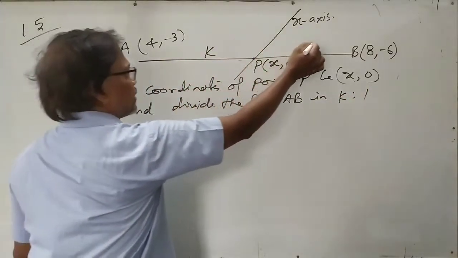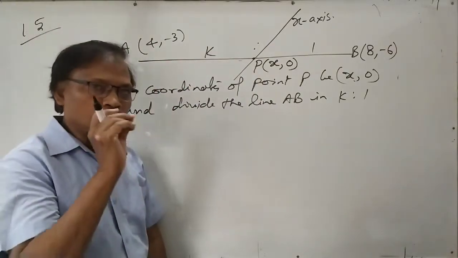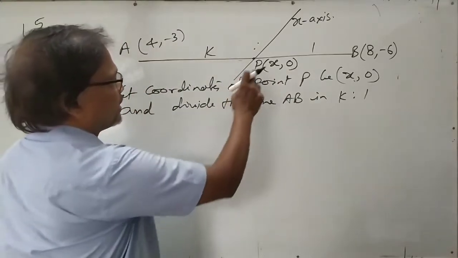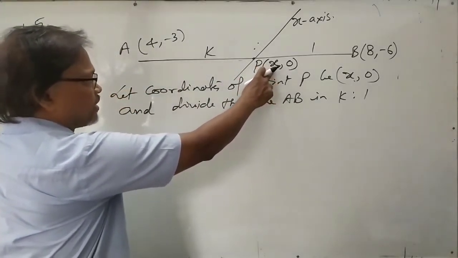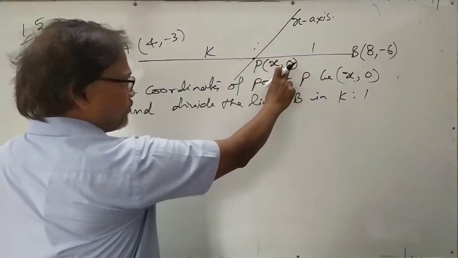So you will write the k is to 1 ratio. Now find the value of k. How to find the value of k? कैसे निकलेगा? अगर value of k, x से निकालेंगे तो x is a variable and k is also a variable.